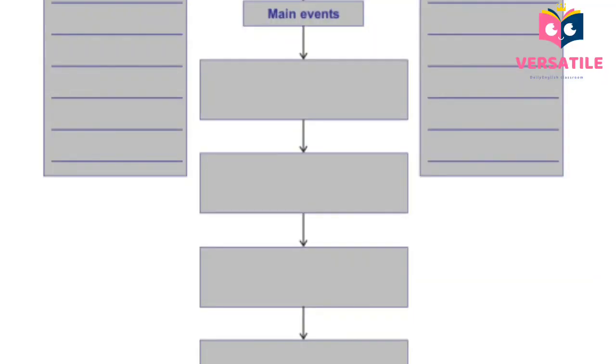And in the center, you have the most important one, main events. Main events means the main things or actions that happened in the story, novel, drama, etc. So, what are the main actions, main things that happened in the story? You write the main events of the story one by one.